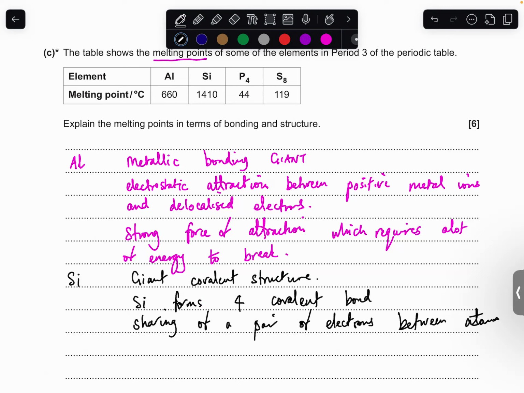Which again, in this case, because the melting point is higher, requires most energy to break. Generally speaking, ionic, metallic, and giant covalent require a lot of energy to break these bonds.